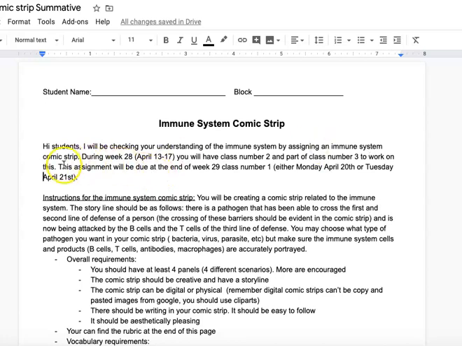And then you will have all of next week's class number 1, either Monday or Tuesday, April 20th and 21st, to work on this assignment, and it will be due at the end of that day. So it will be due at the end of Monday, April 20th, if your class number 1 is on Monday, or at the end of Tuesday, April 21st, if your class number 1 is on Tuesday.